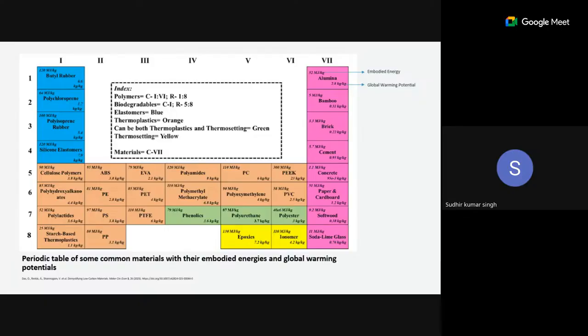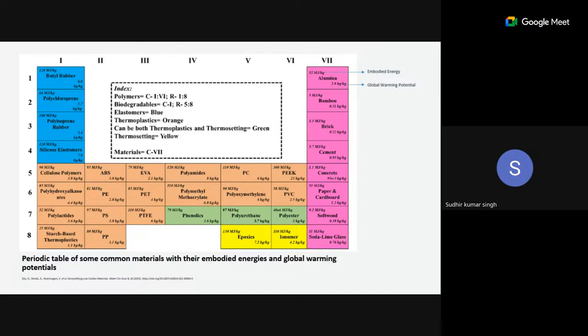There will be some constraint of the material availability in my own region. So I may not have these many options. Probably my periodic table may be something different. And then naturally the embodied energy values and the GWP values for my own region will be completely different.